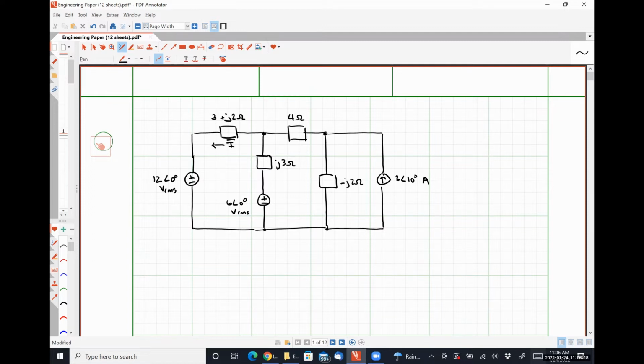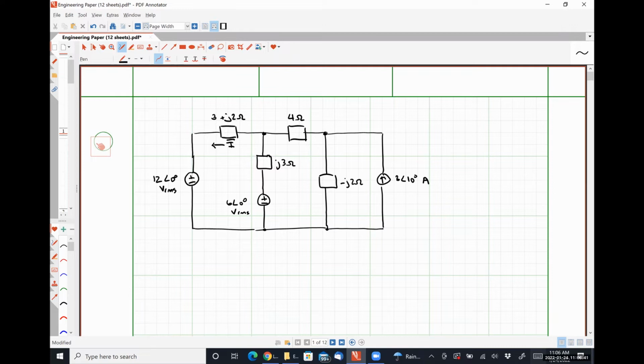And that minus J2 ohm impedance will then be in series with the 4 ohm impedance, so we could combine that, and effectively we would have a circuit where we have 3 voltage sources, all of whose negative polarity terminal would be connected together at the bottom.